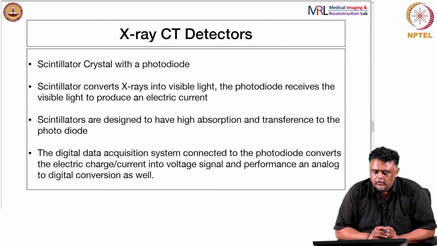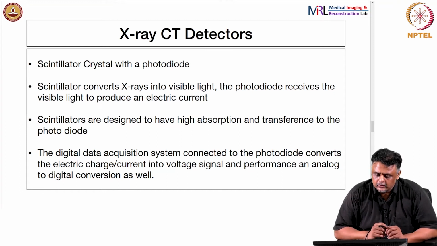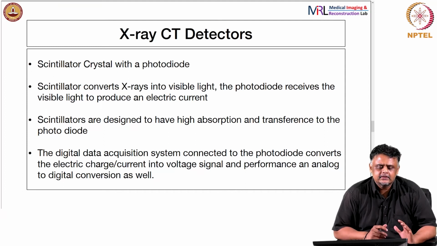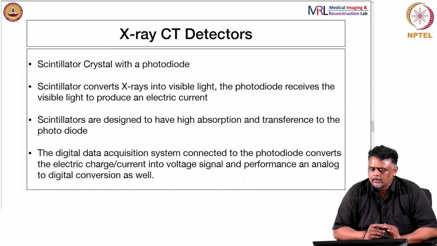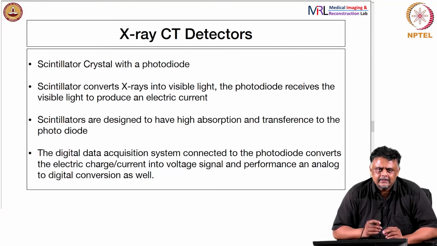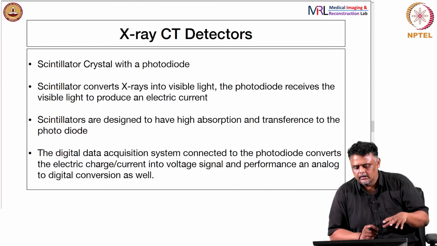So, X-ray CT detectors, once again we will just go through them quickly. This is again scintillator crystals with photodiodes, a photodiode array. The scintillator is a material which converts X-rays into visible light. The photodiode receives the visible light to produce an electric current, which is what is recorded as your signal. The scintillators are designed to have very high efficiency, in the sense they will capture most of the X-ray photons that hit them and convert them into light, which is then measured by the photodiode.